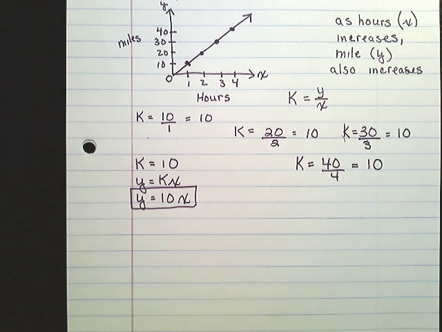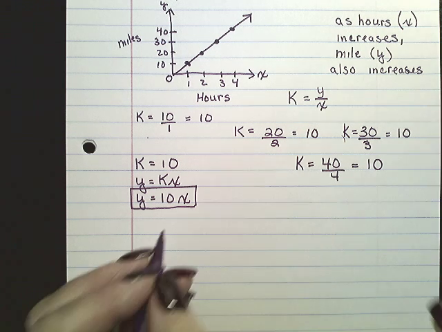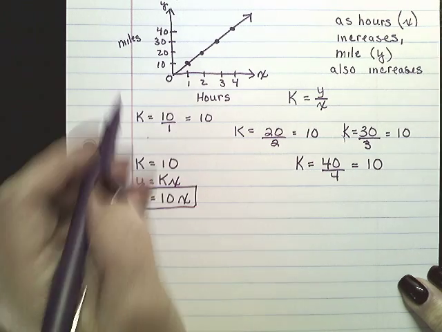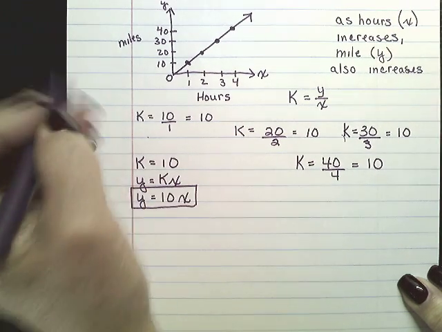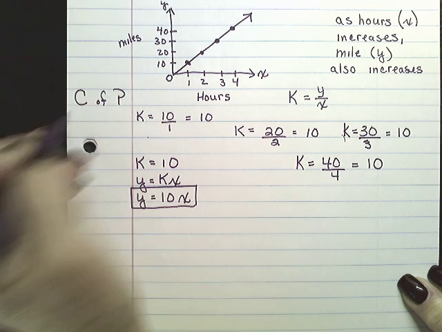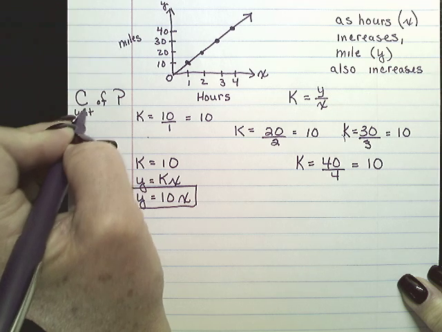All right, there's certain criteria that we need to remember when we're looking at graphs and trying to determine whether they are proportional or not. Now remember, this is the unit rate. Wasn't it 10 over 1? So I'm going to abbreviate that. Constant of proportionality is your unit rate.